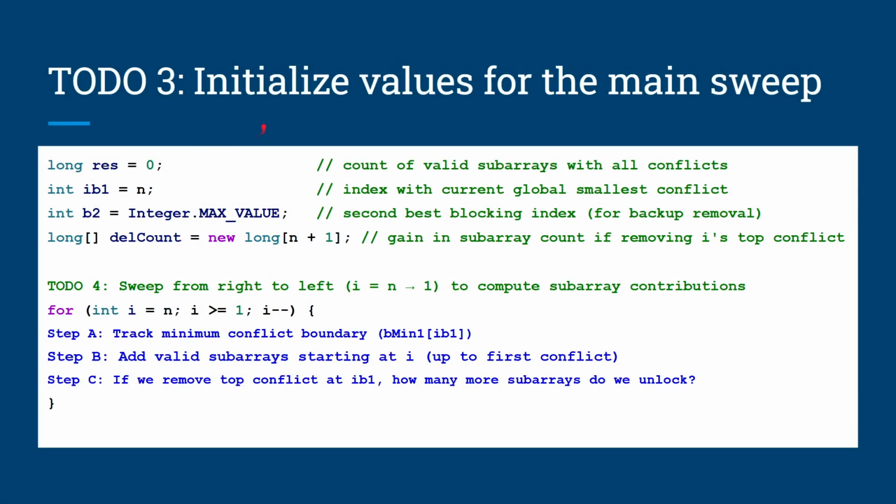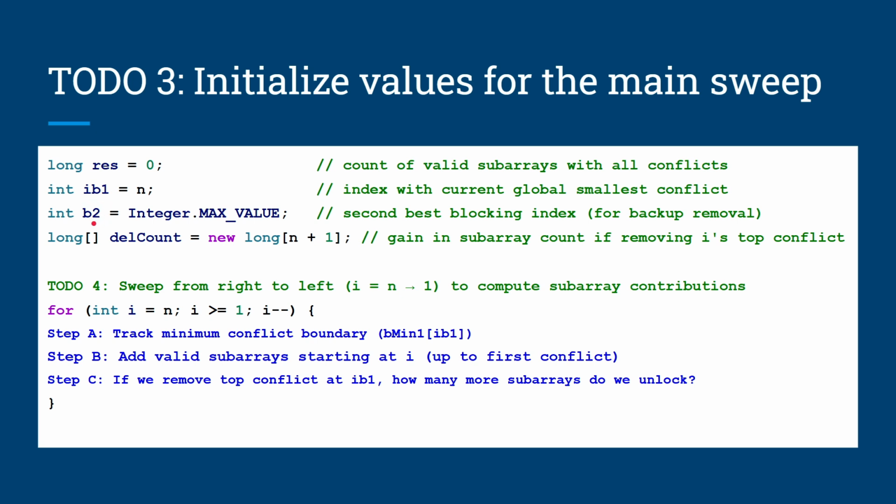Now understand, we will initialize the values for the remaining sweep, right? So this is our main sweep. How are we going to do it? First we'll initialize a result, right? It will count the valid subarrays with all the conflicts we have, and we'll keep updating our count. Then we have ib1, which means it's an index with the current global smallest conflict, right?